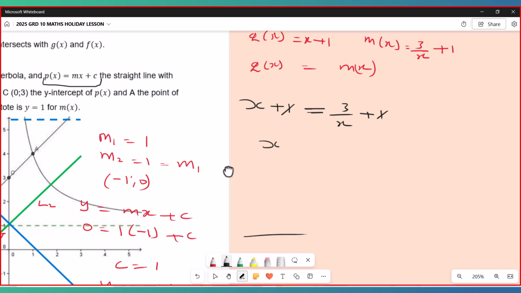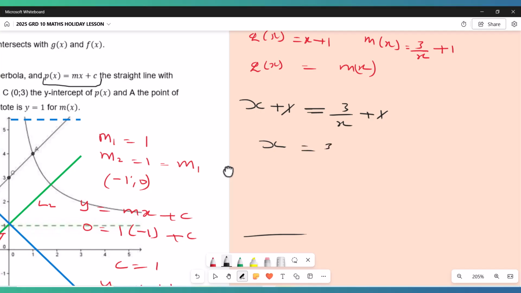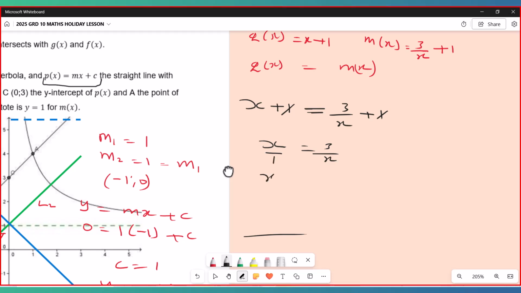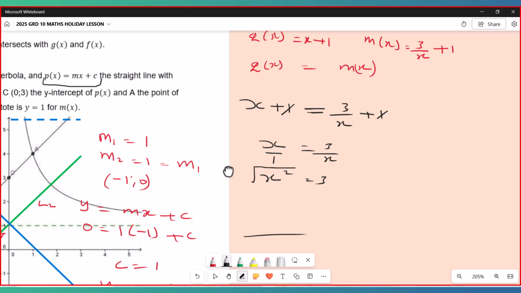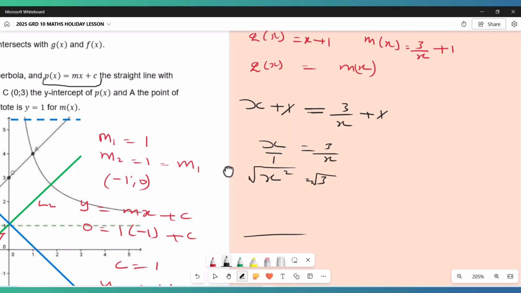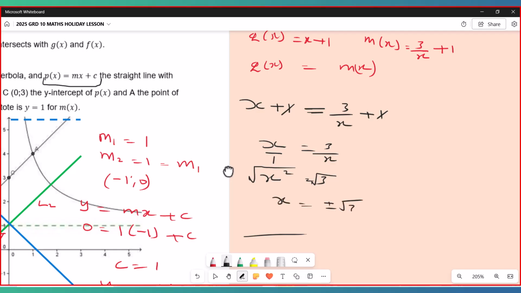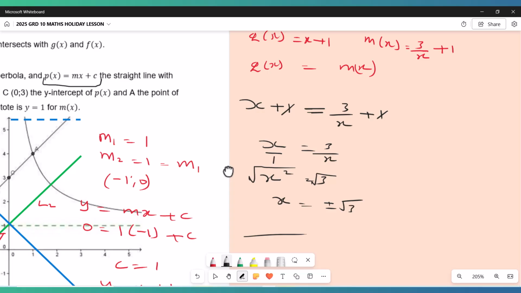So I have x equals 3 over x. If I cross multiply, I get x squared equals 3. So to get my answer, I take the square root: x equals plus or minus root 3. That's where they intersect.